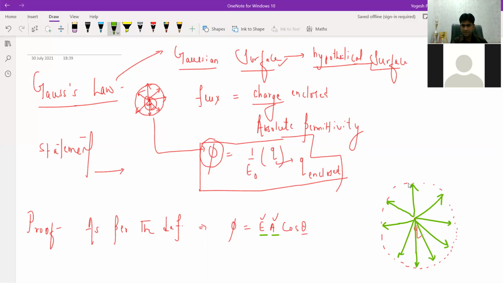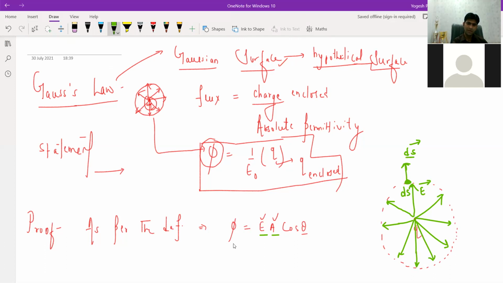Now, for this particular surface, if we take a small element ds, the ds vector will also be radially outward, because the area vector can be drawn at any point and is normal to the surface, so it will also be radially outward.